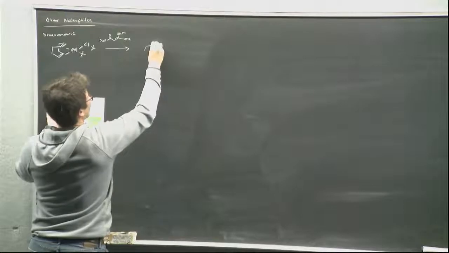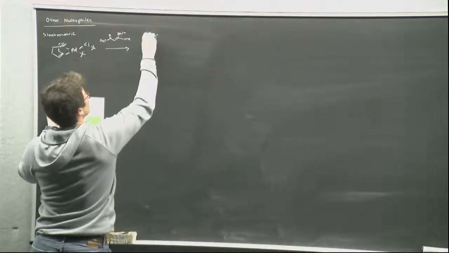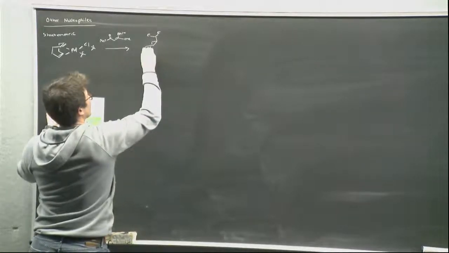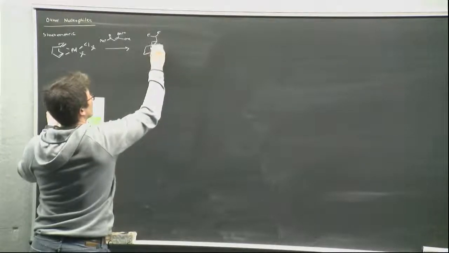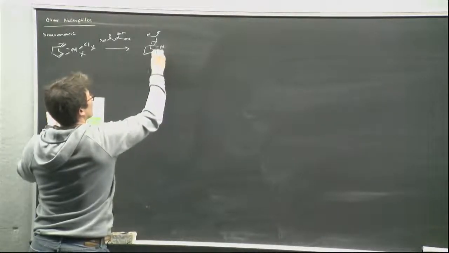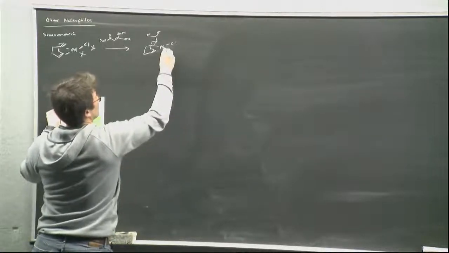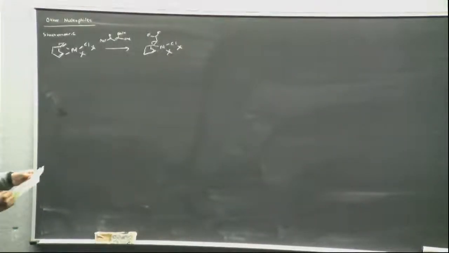And the COD here, the other alkene of COD here, essentially serves as a directing group of sorts, and it's able to lock palladium in this form and prevent beta-hydride elimination.